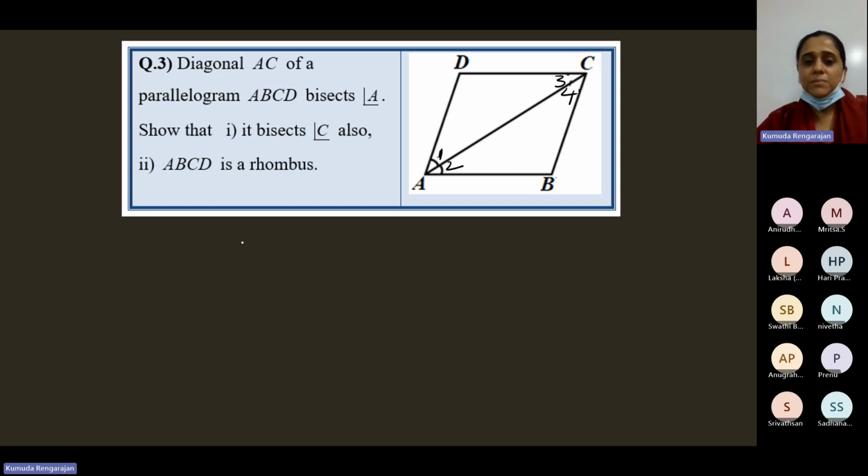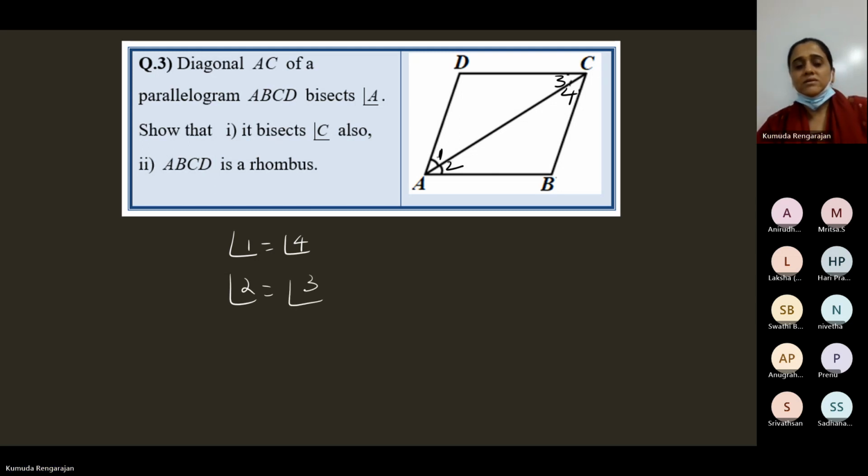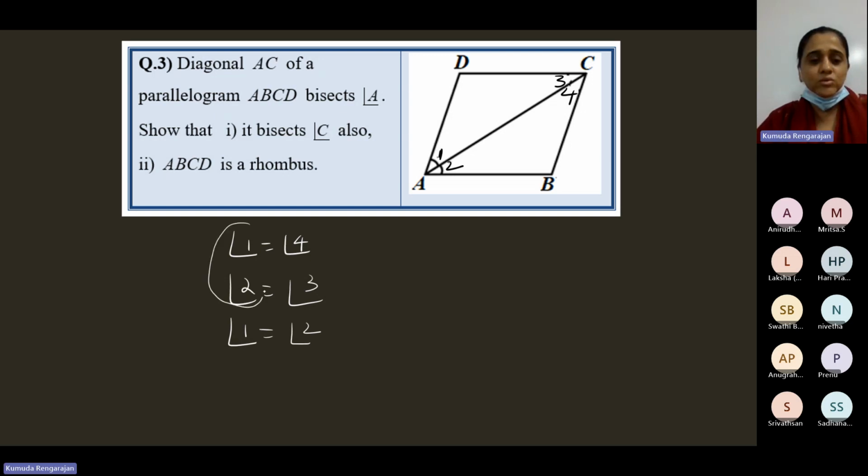So how do we do this? Angle 1 is equal to angle 4, alternate angles are equal. Then angle 2 is equal to angle 3. Why? Alternate angles are equal. Then angle 1 is equal to angle 2 because given. AC bisects angle A is given. So from this, angle 1 is equal to angle 2.